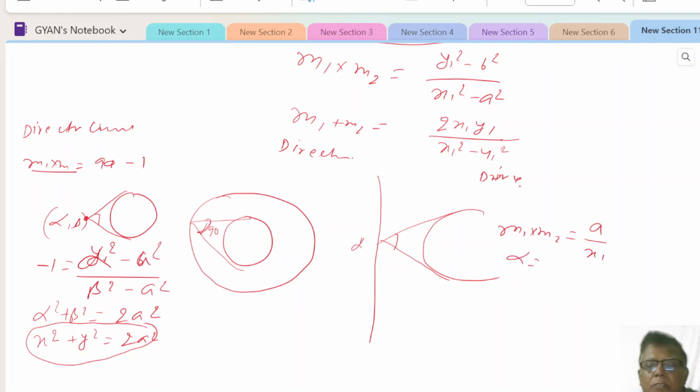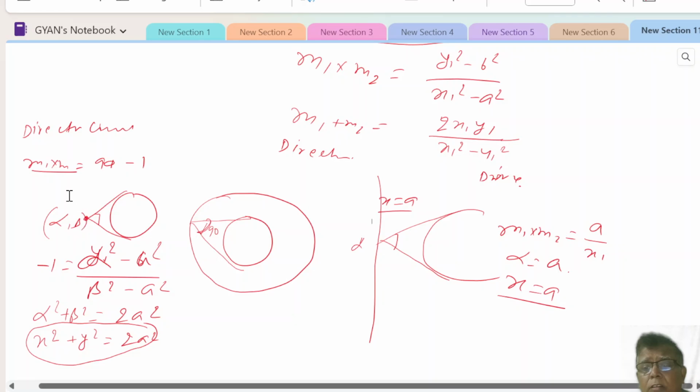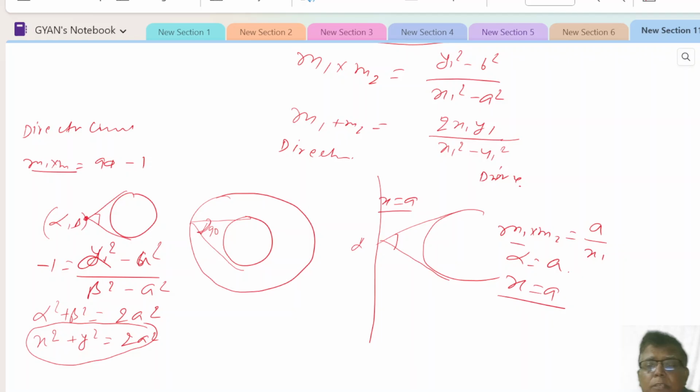So alpha is equal to a, that means x is equal to a. So x equal to a is nothing but the directrix. And this is x is equal to minus a, the directrix.